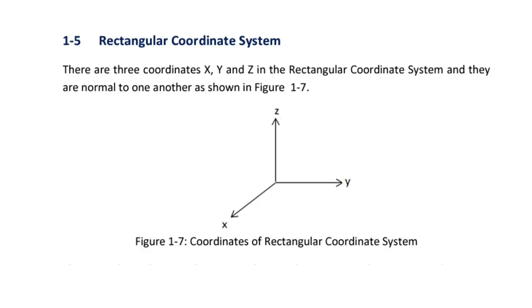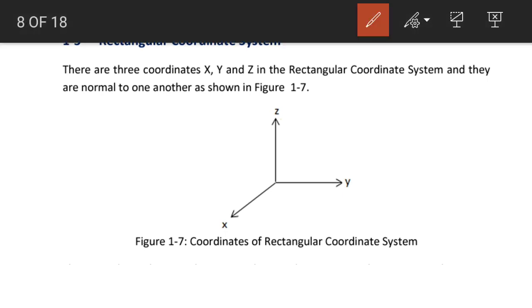Let us talk about the rectangular coordinate system. In the rectangular coordinate system, we consider three coordinates: the x coordinate, y coordinate, and z coordinate. All these three coordinates are normal to one another.